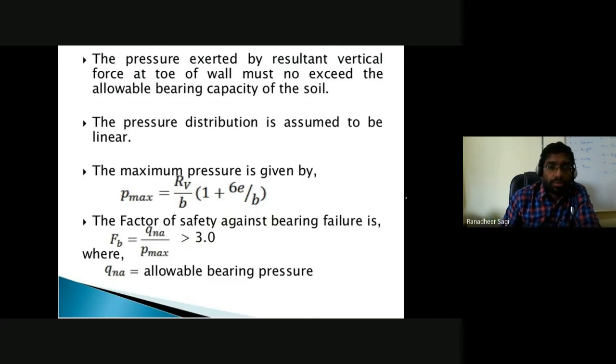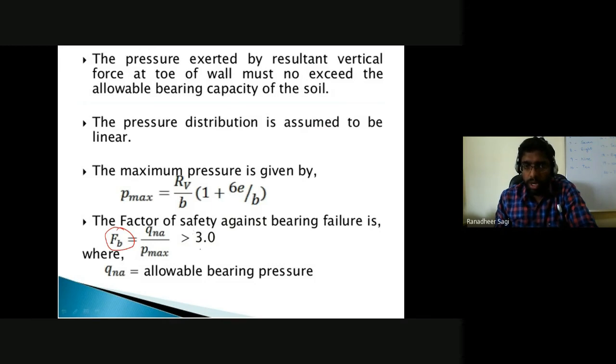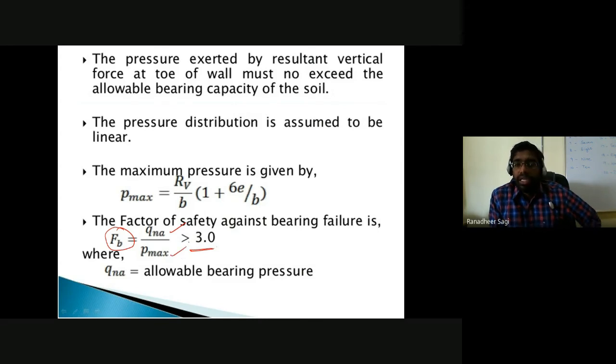In order to satisfy that your retaining structure is safe in terms of bearing capacity, the factor of safety you calculate should be greater than 3. Here QNA refers to the net allowable bearing capacity of that soil, and P max indicates the maximum pressure that you are trying to transfer from the retaining structure onto the soil below it.